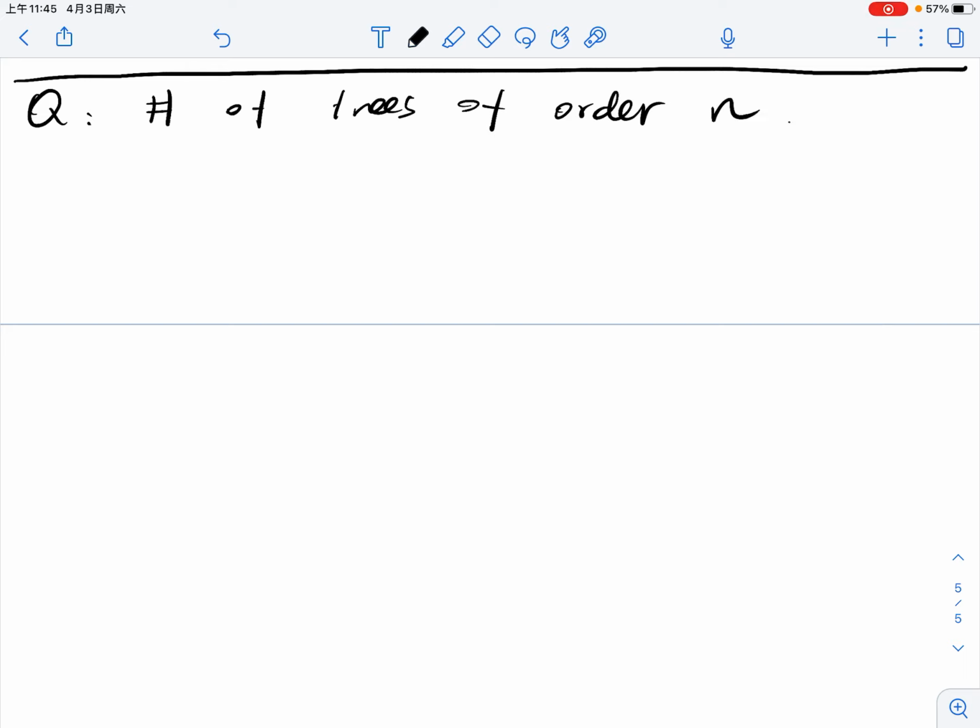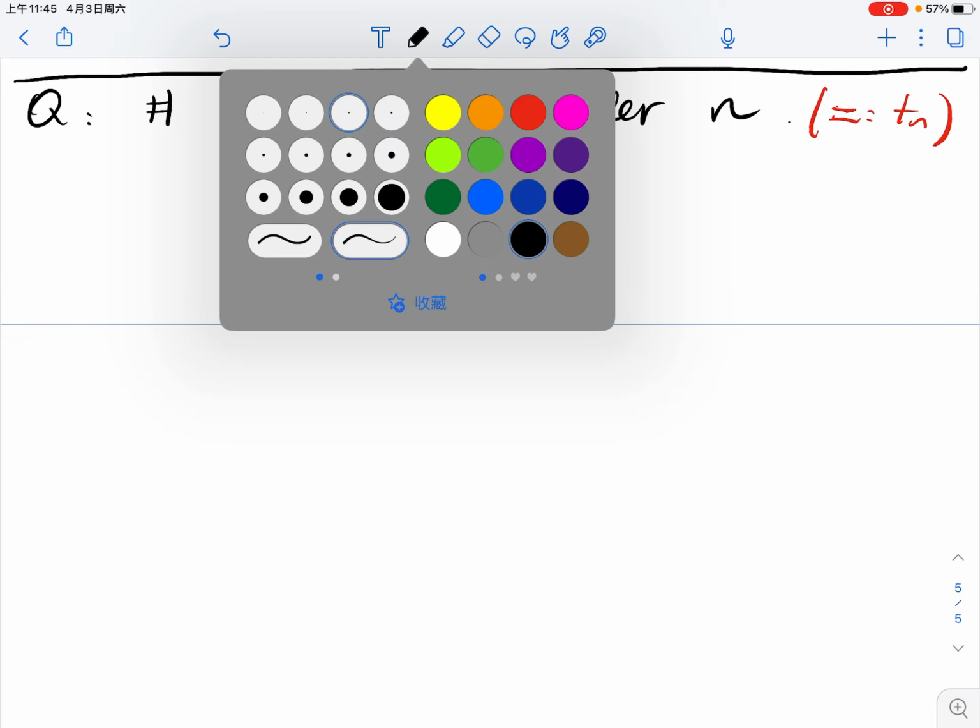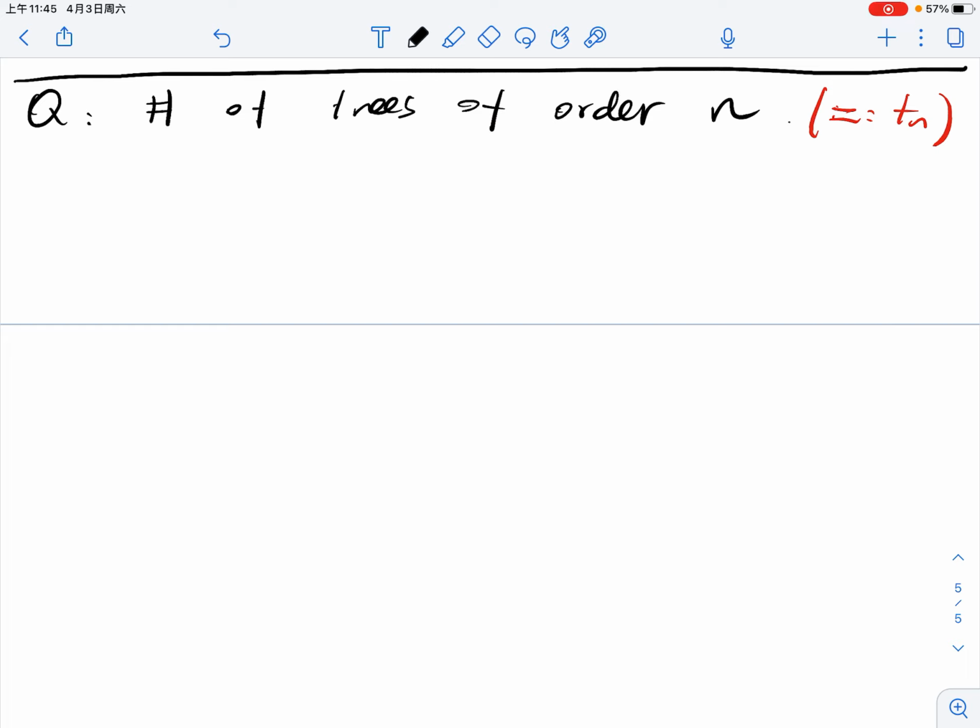So in other words, let's call this Tn. Suppose you have fixed vertices, and how many trees you can draw among those vertices.